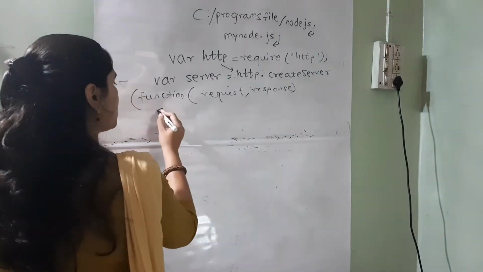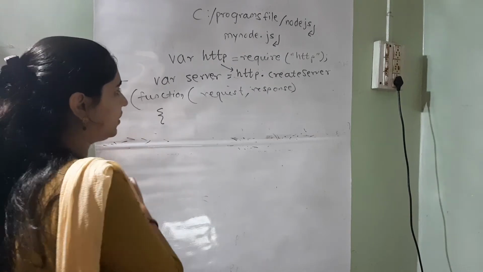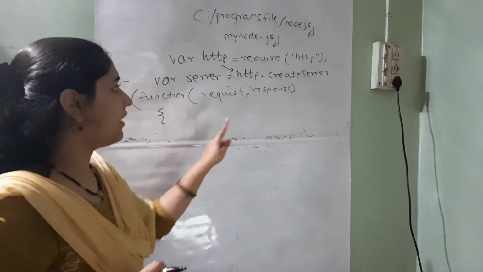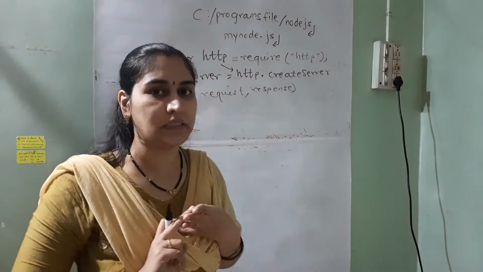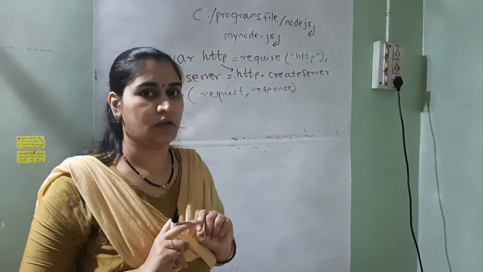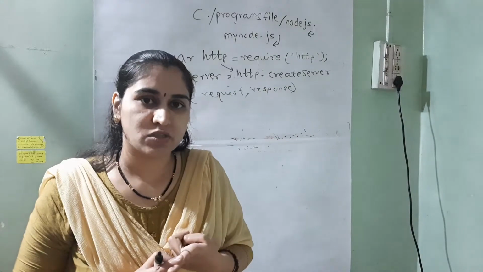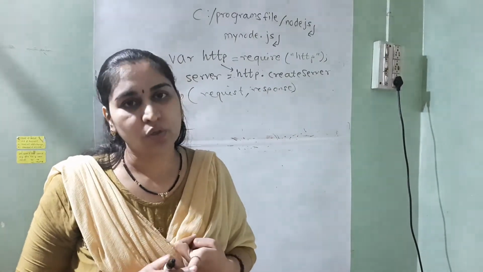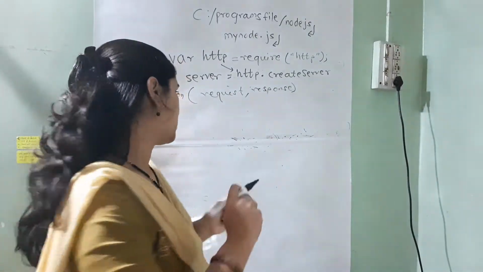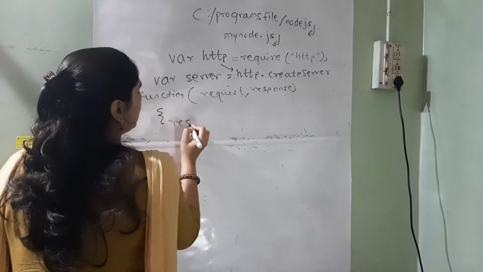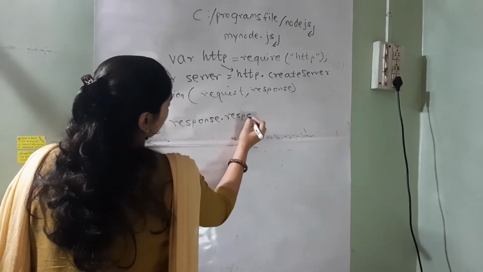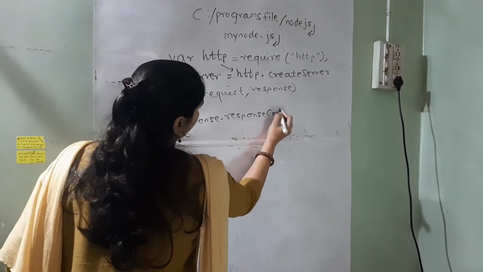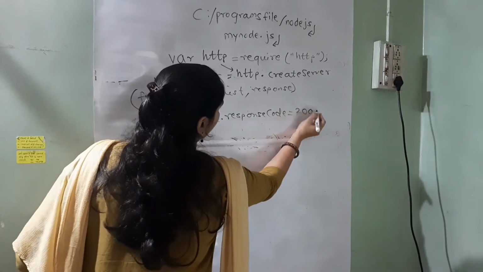Now the functionality: we have to set this response object. We have to set three things for this response object. One is the response code. Suppose I write response code equal to 200.